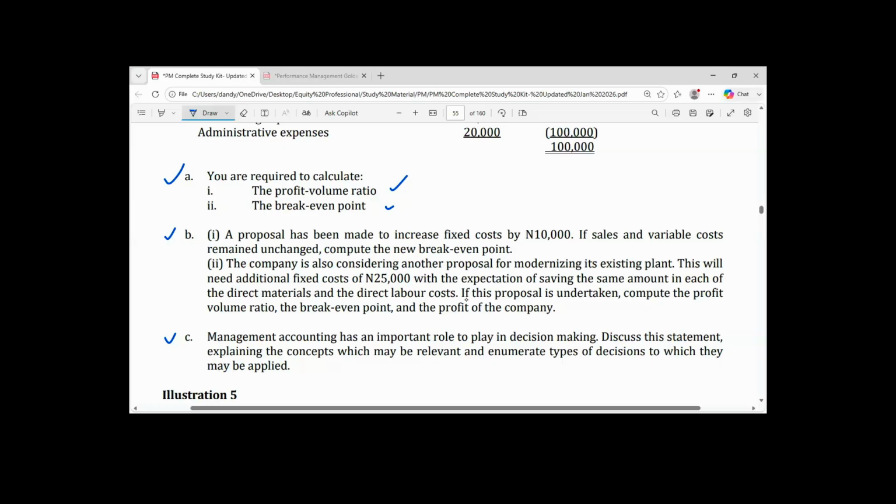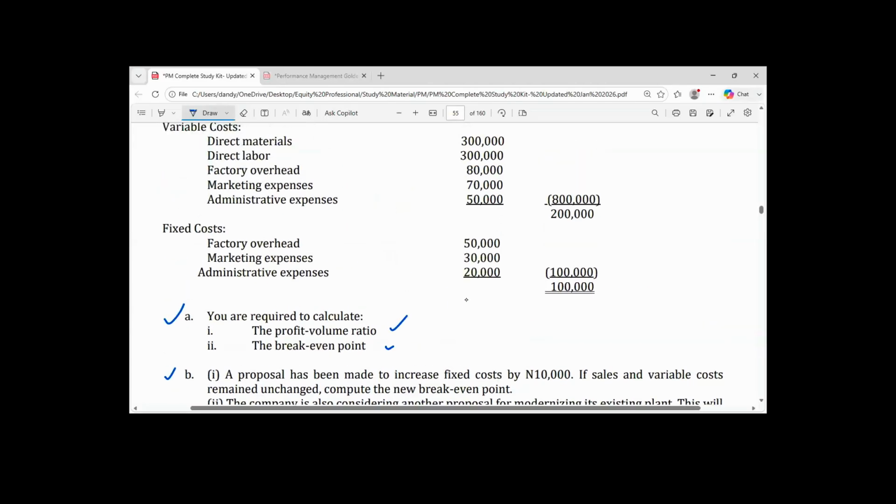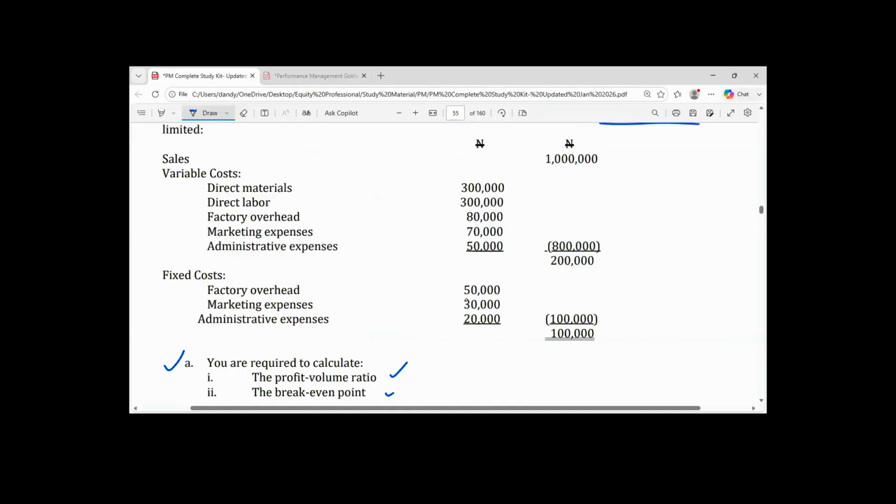Then number two, you have to calculate break-even points. What kind of break-even points? Is it break-even points in naira or break-even points in units? The information given to you will tell you which of them you are supposed to calculate. So let me switch so that we can solve the question quickly.